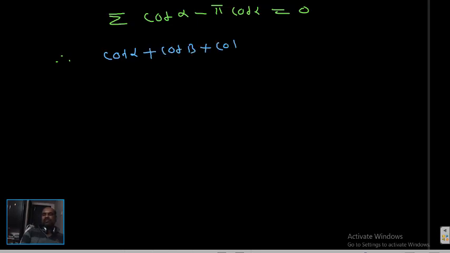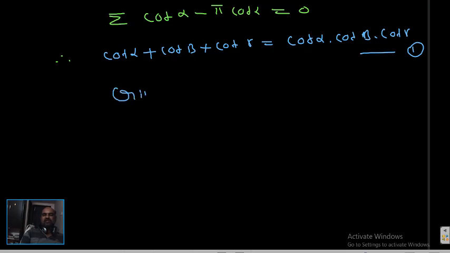So what I get? Sigma cot alpha minus pi cot alpha equals 0. Therefore cot alpha plus cot beta plus cot gamma equals cot alpha into cot beta into cot gamma. This is result number 1.